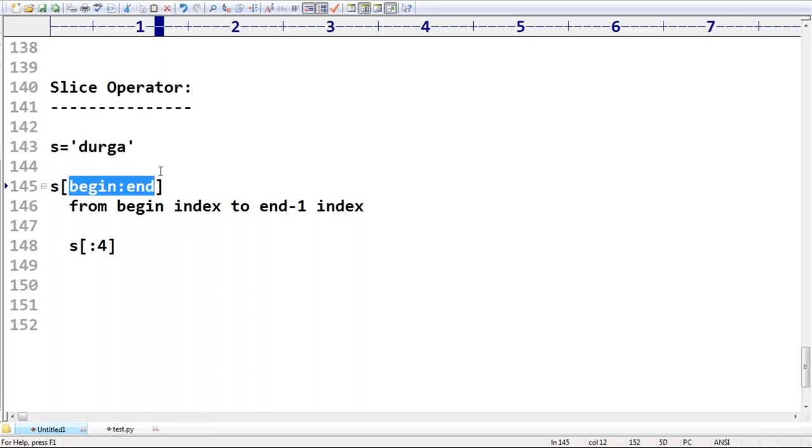But in the future, we are going to discuss one more thing: begin, end, and step. What is this, sir? Begin, end, and step. Step means how much increment you want. How much increment you want, sir? If you are not specifying anything, the default value is 1.